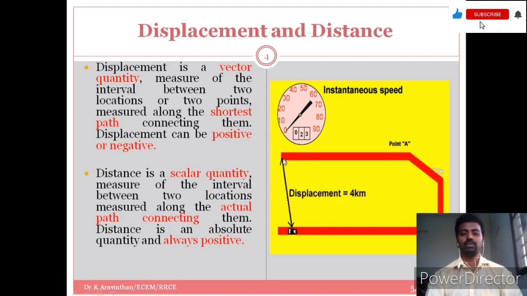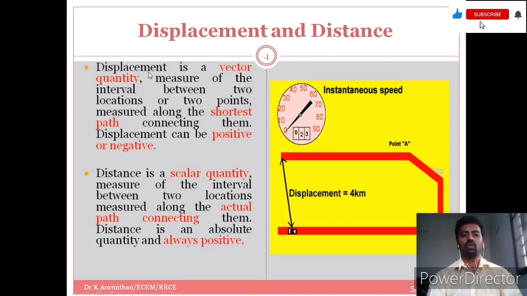So the displacement is generally from initial to final, the distance covered, that is, the shortest path connecting them. So finally this car is displaced from one place to another. This is the concept of displacement.